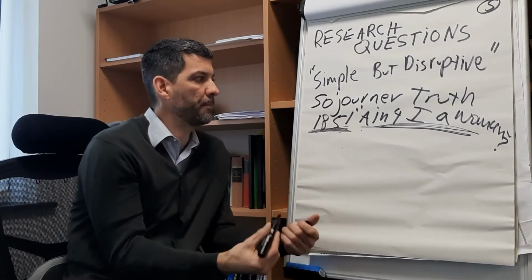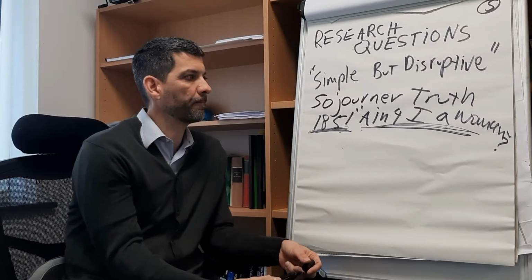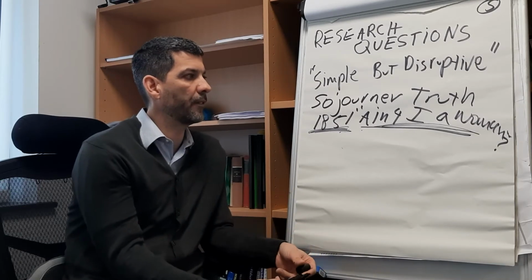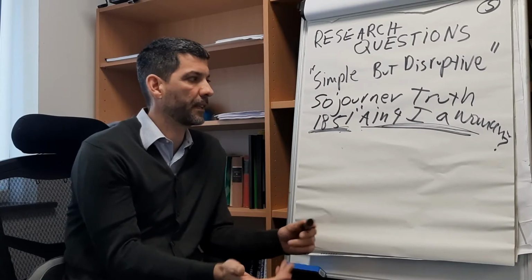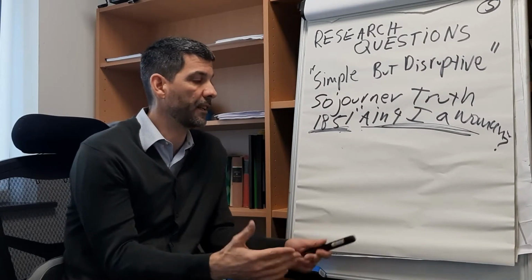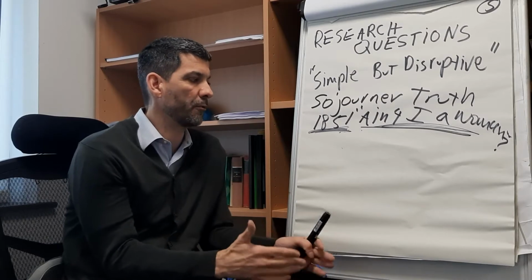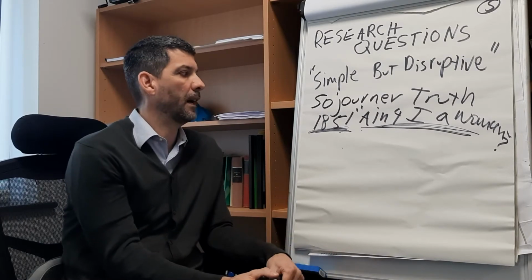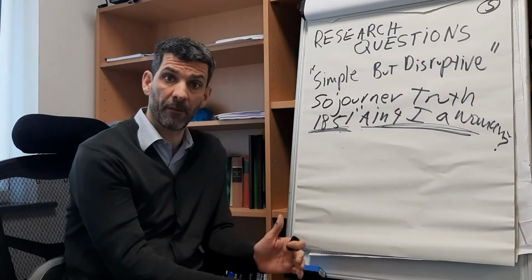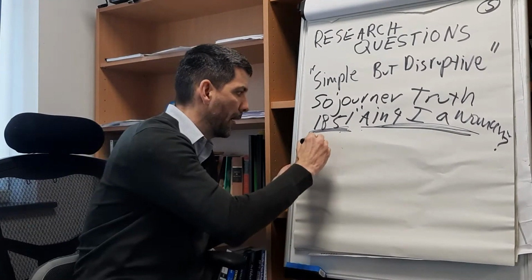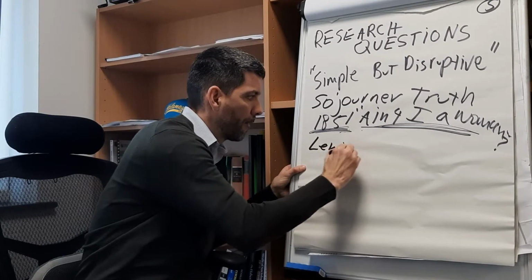Disruptive, it forces people to think about the identity of black women, and to reflect on and compare how society viewed black women compared to white women. Very simple, but very disruptive, okay?